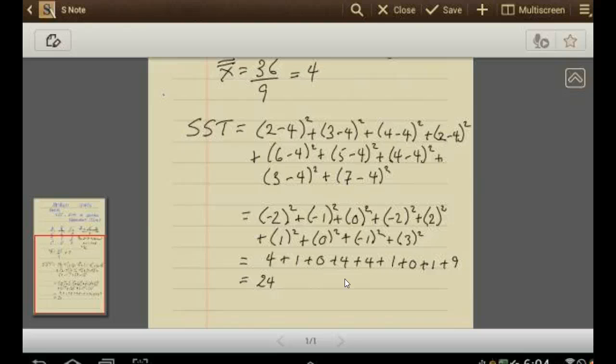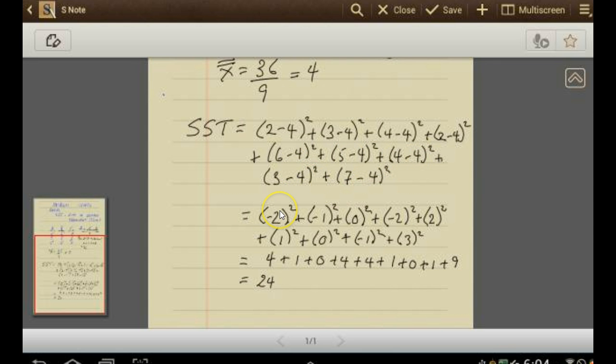And then now we move on to determine the squares of the differences between each item and the grand mean. So here we would have 2 take 4 all squared, plus 3 take 4 all squared, plus 4 take 4 all squared, plus 2 take 4 squared, plus 6 take 4 squared, plus 5 take 4 squared, plus 4 take 4 squared, plus 3 take 4 squared, plus 7 take 4 squared.